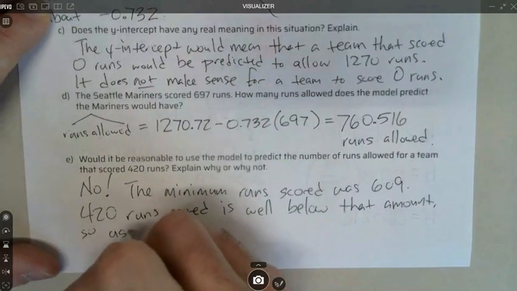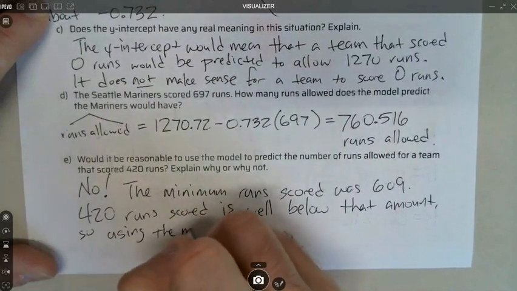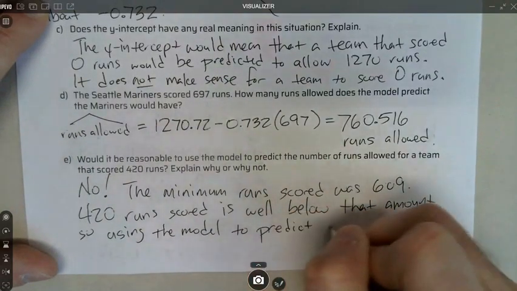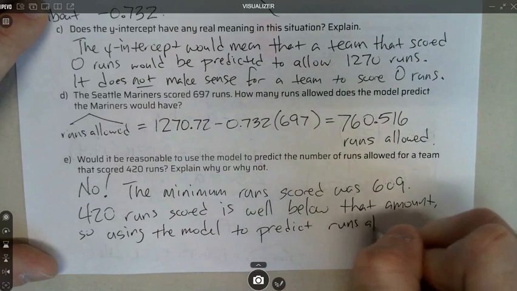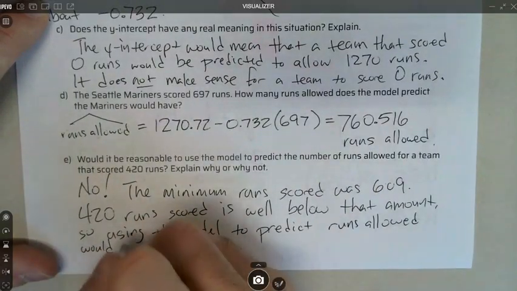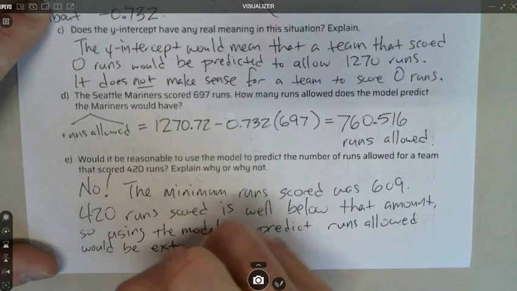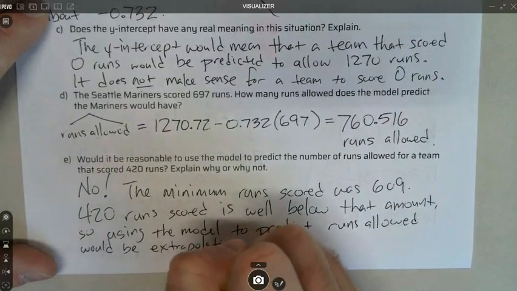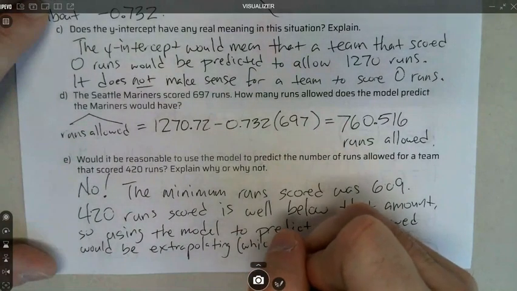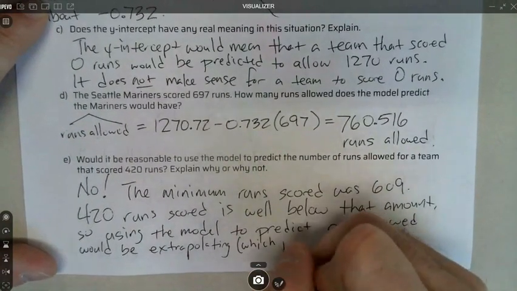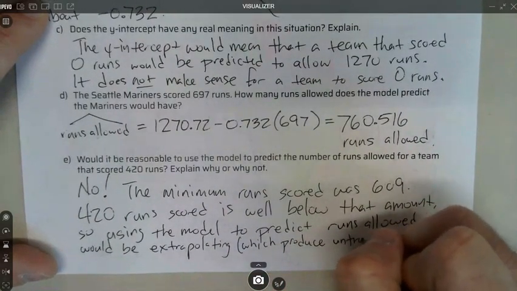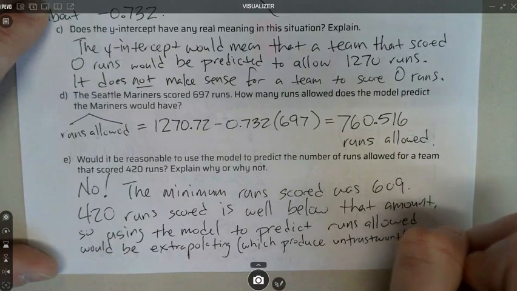So using the model to predict runs allowed would be extrapolating. And just a comment on extrapolating: extrapolating would produce untrustworthy estimates.